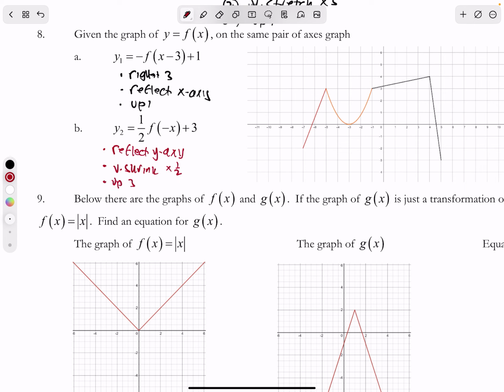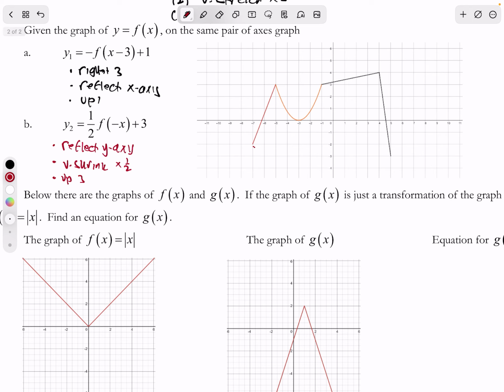I think it's 1, 2, 3, 4, 6 points to do this to. So here we go. Starting with this point here, reflected over the y-axis. So it's going to be 7 in this direction. So 7 and 7 puts me here. Vertical shrink by 1/2 puts me here. And up 3 puts me there.